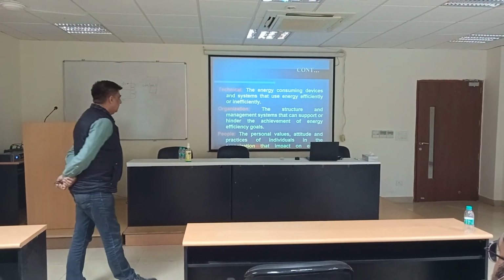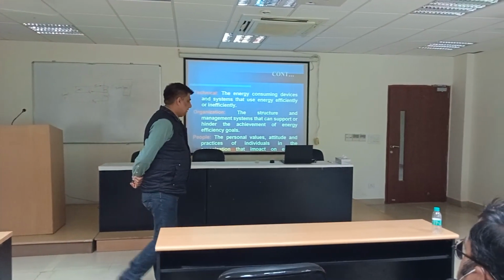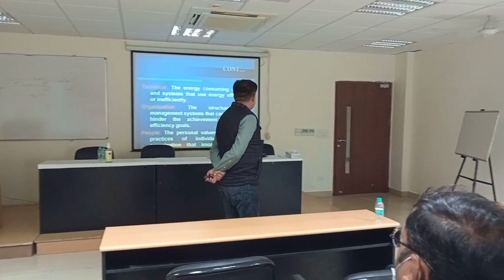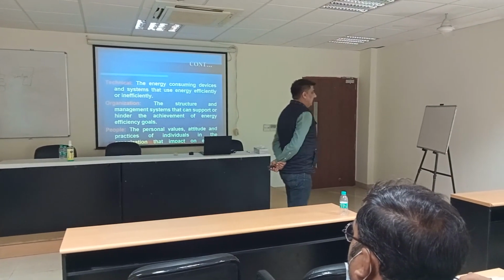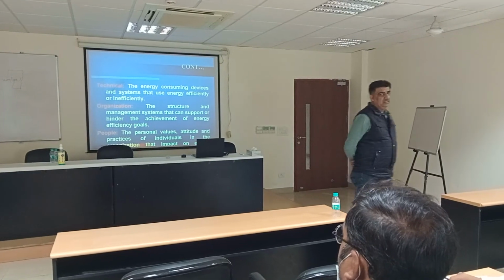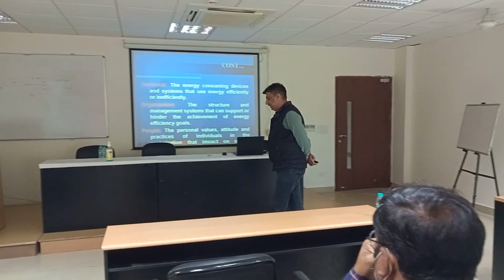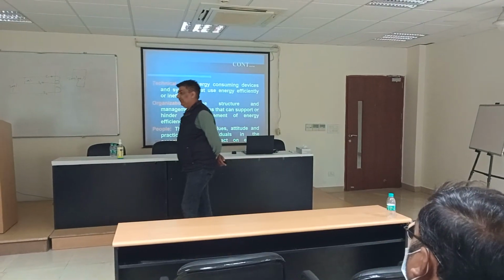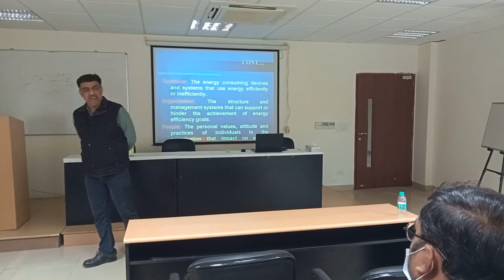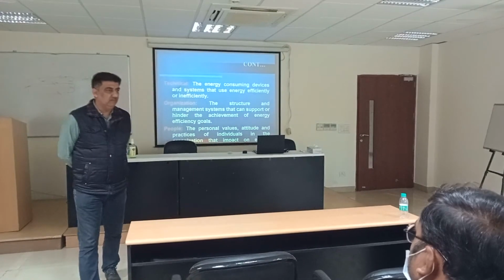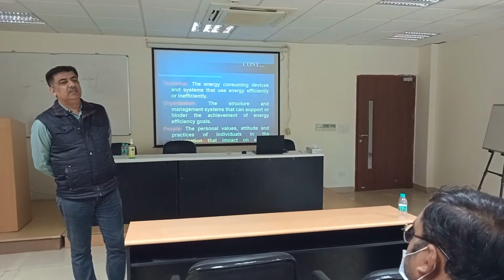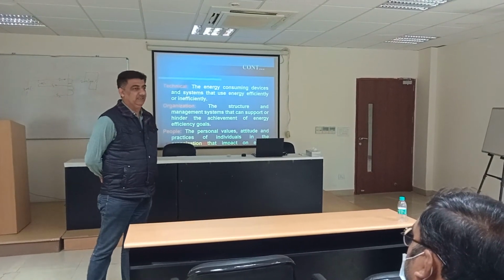And then there are people: the personal values, attitudes and practices of individuals in the organization that can impact energy efficiency. For example, in organizations there are a lot of banners related to energy efficiency painted, written or pasted somewhere. You have to switch off your lights, but people don't do that.